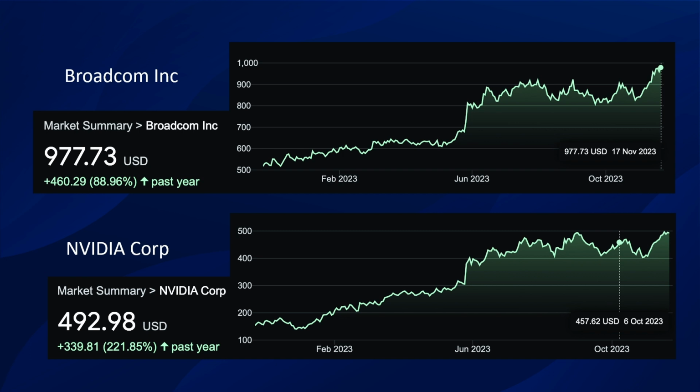If you had put in $100 in NVIDIA a year ago, you'd have $221 today. And if you look at it, the spike came around about the same time, in mid-2023. That's when people started realizing the power of generative AI and how crucial these companies were to enterprises using generative AI.